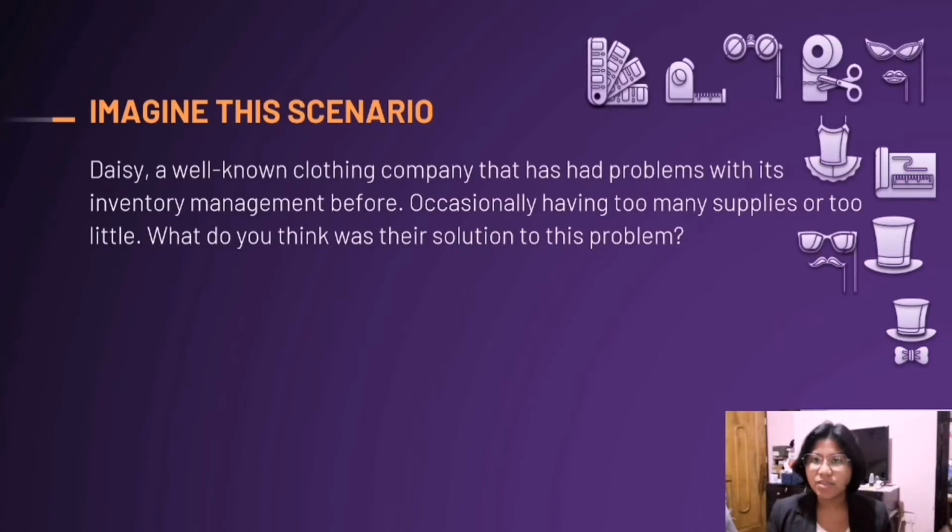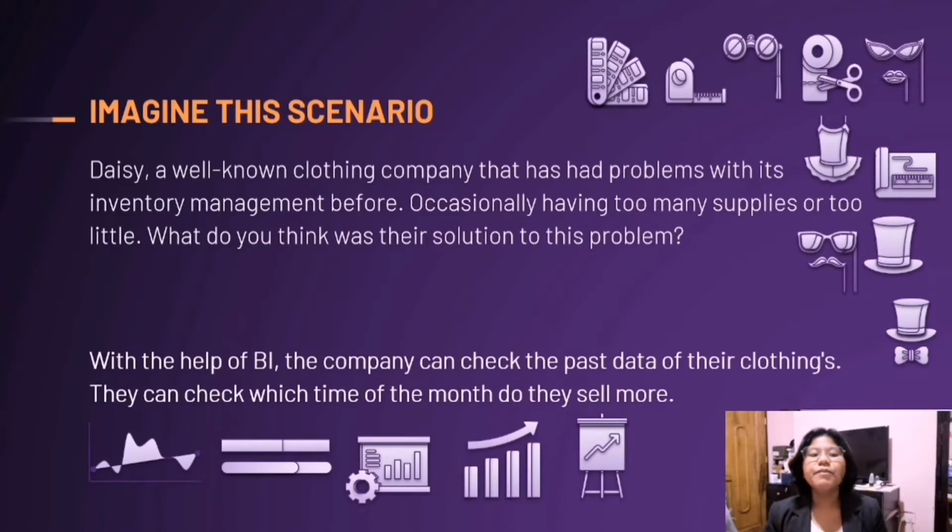There could be many solutions, but since we are discussing BI or business intelligence, let us say that their solution is BI. With the help of BI, the company can check the past data of their clothings. They can check which time of the month they sell more. So that is what BI is.